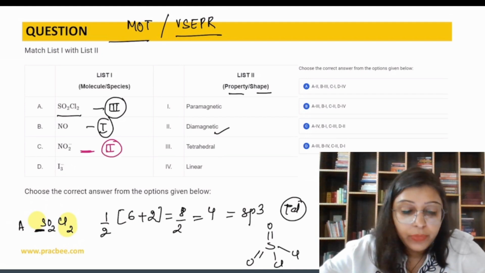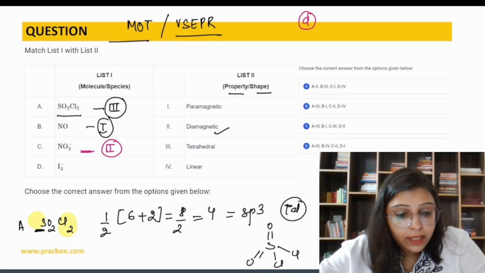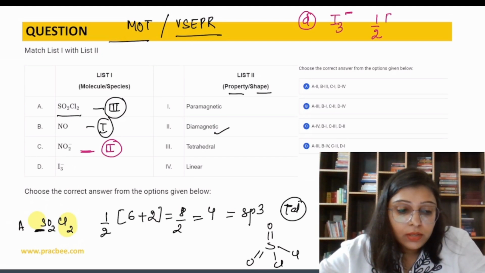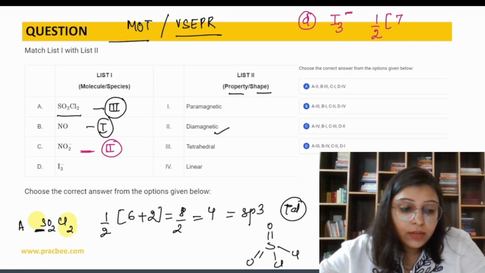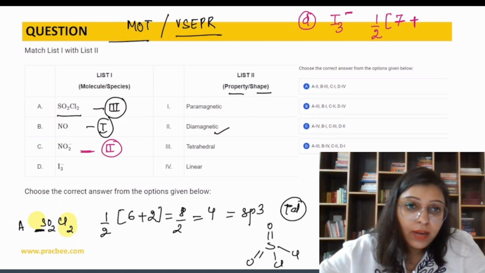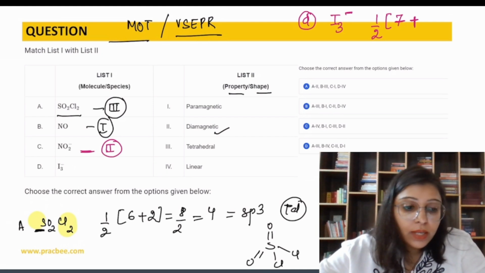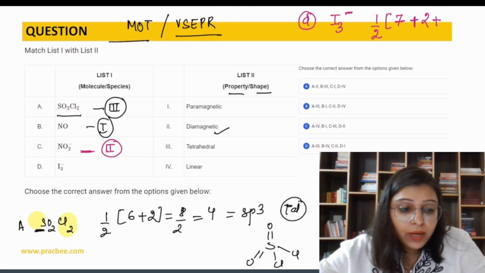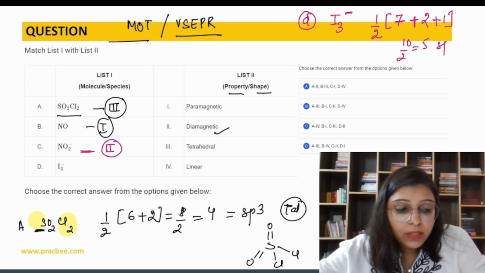That's diamagnetic. Now let's talk about D, I3 minus. Central atom is iodine. Valence electrons in iodine 7, plus 2 monovalent, because one iodine we are taking as the central atom, so the other two iodines are going to be surrounding atoms. So 2 plus 1 negative charge, that is going to be 10 by 2, 5, sp3d.